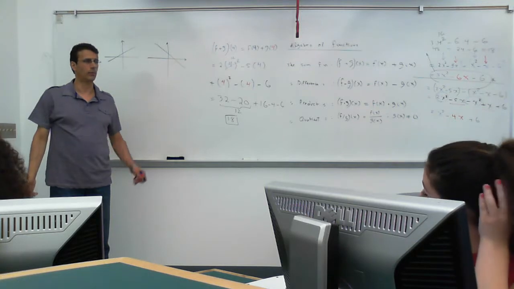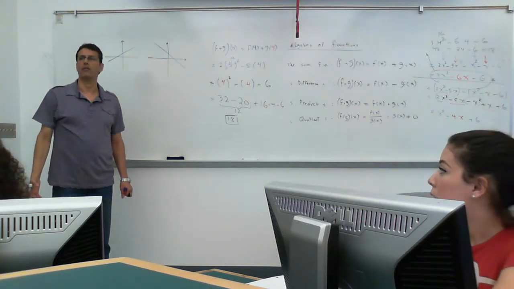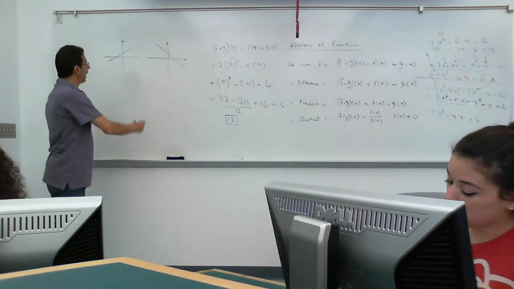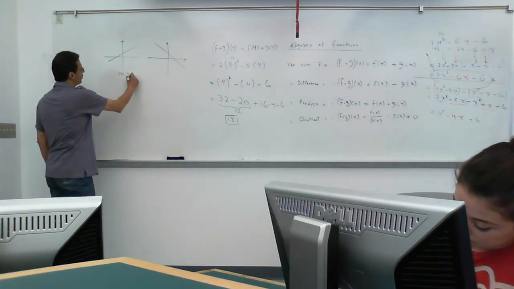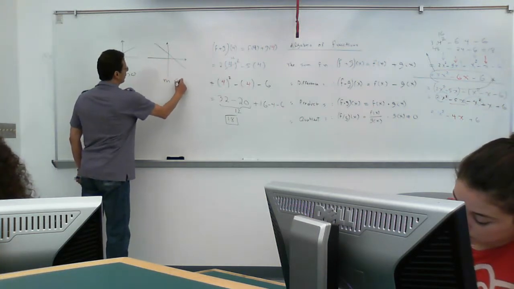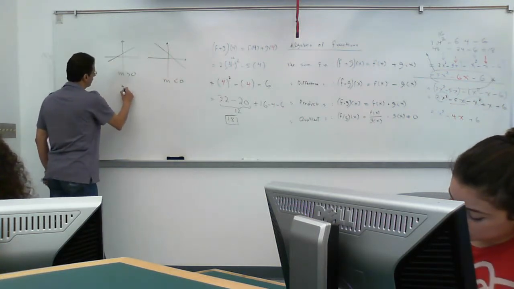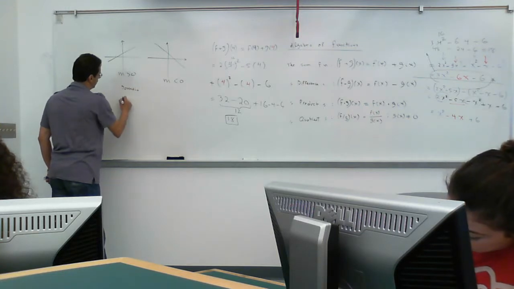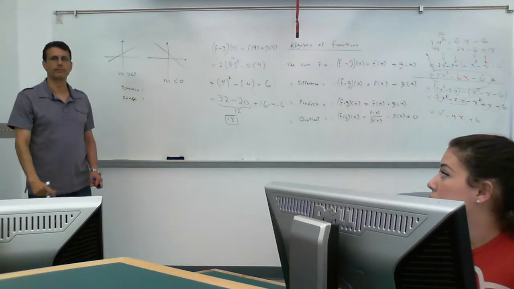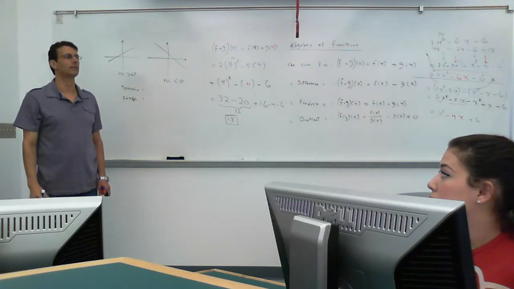We'll discuss vertical and horizontal lines later on. But for now, everybody can see that the slope is positive here. Can you figure out the domain and the range for each one just by looking at it?